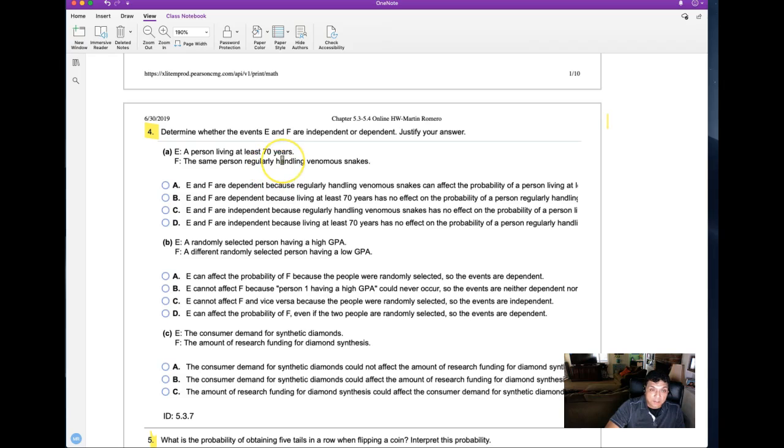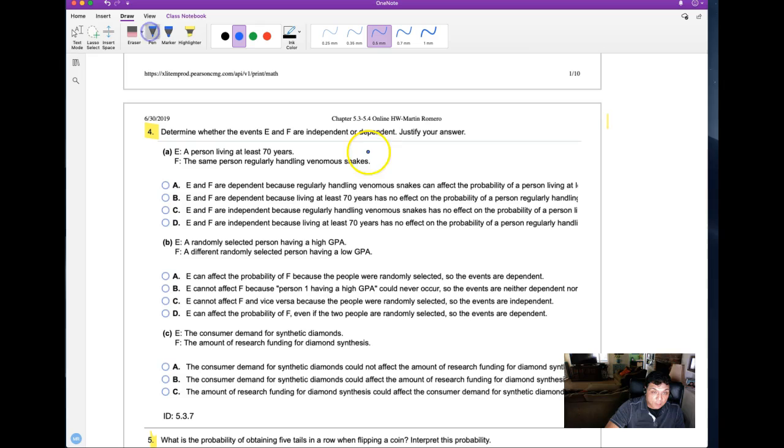You have a chance of dying more likely than other people if you're handling venomous snakes. So we would say these are dependent events here. So keep that in mind with that one. The occurrence of one affects the probability of the other.